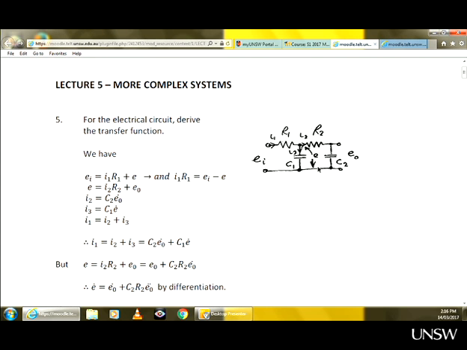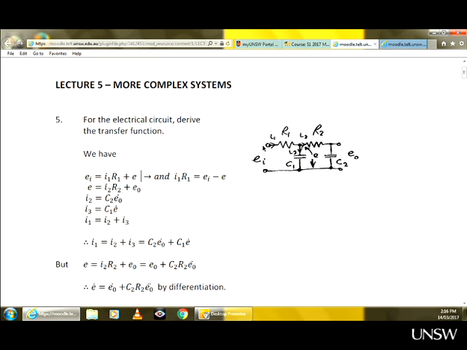We are not going to need I1, I2, I3, or E in our transfer function. So all 4 have to be eliminated. We want to end up only with EI and EO, input and output variables, and their derivatives, if any. Derivatives, OK, but all other variables have to disappear eventually.